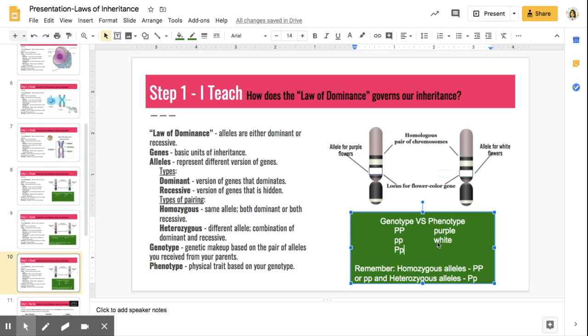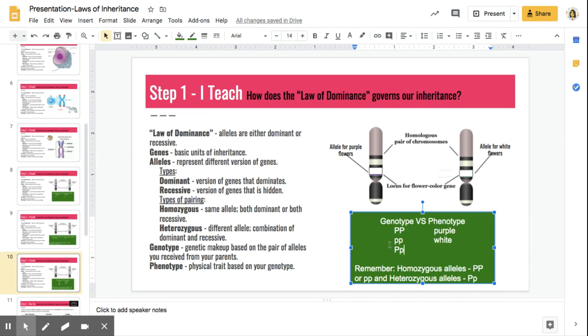Now, this is probably difficult to digest, but you have to accept it because that is what the law of dominance says. Okay? So just like any other law, if it's the law, then you have to follow it. All right?